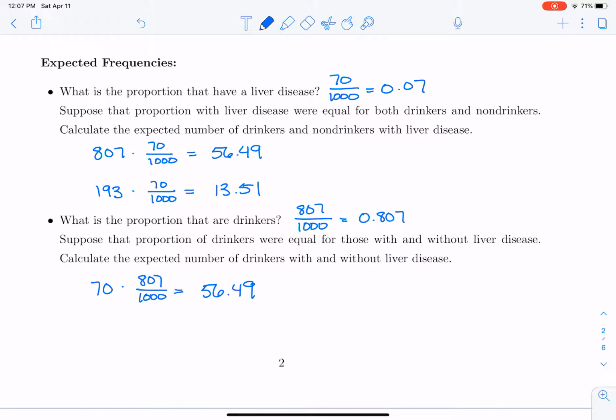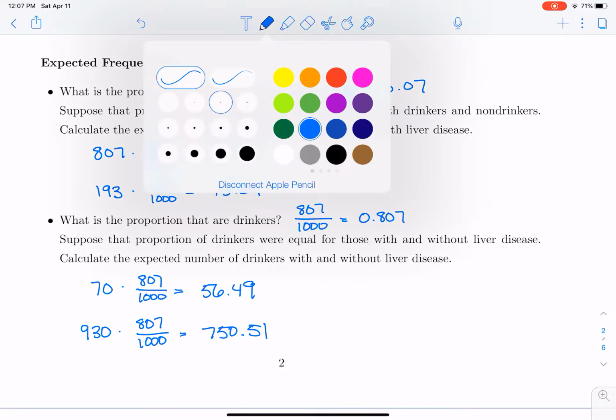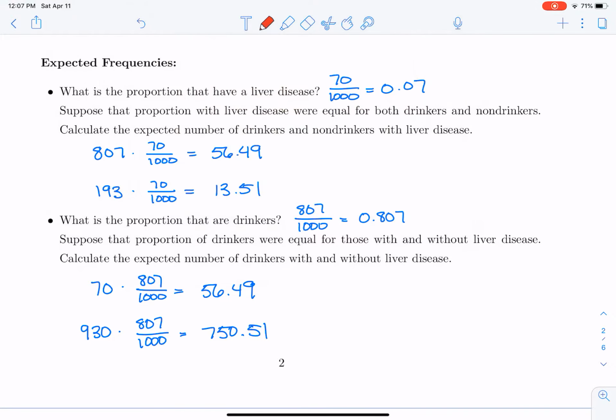Or we could have taken the 930 people without liver disease. 80% of those should have been drinkers if the null hypothesis was true, and that would have given us 750.51. What I want you to notice is a pattern in how I found the expected frequency. 807 was the column total, and 70 was the row total.